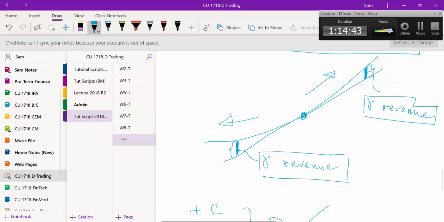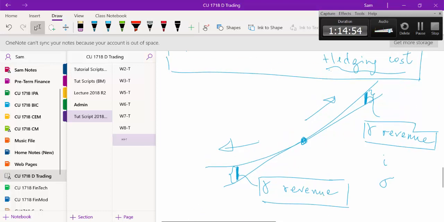Now, maybe you are thinking, what if interest rate changes? And what if volatility changes? Maybe you are thinking of that, okay? Now, if these things change, the price will change.